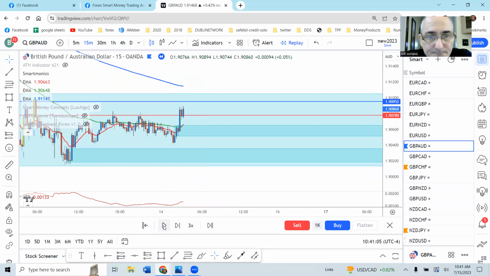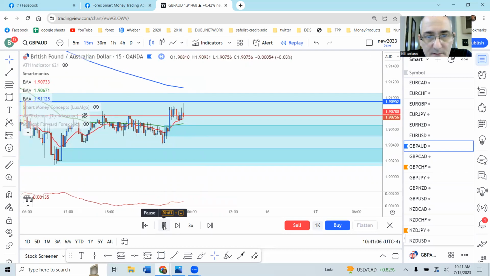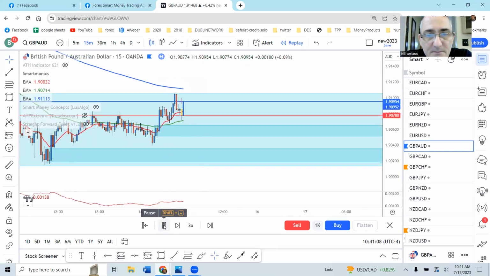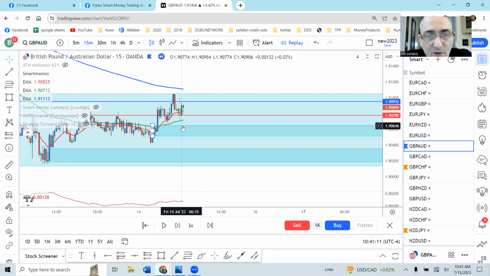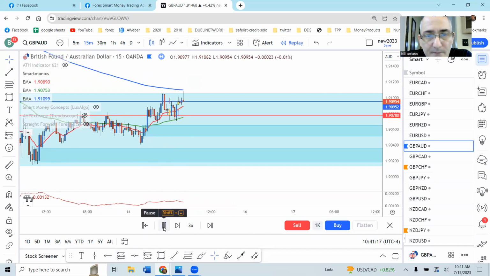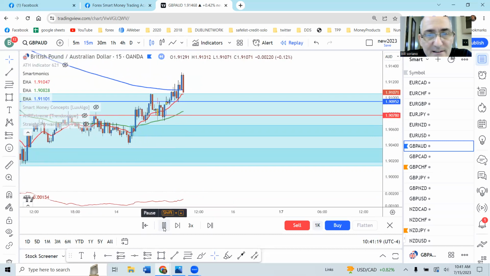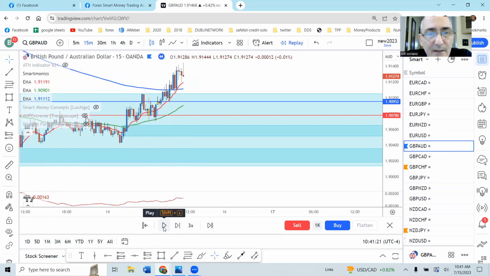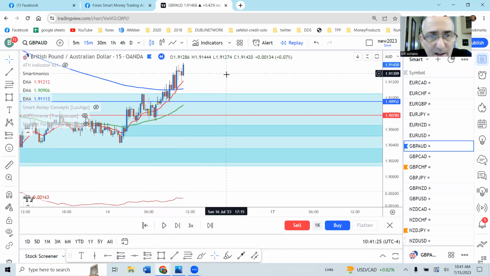So right now, let's see what happens. At this point here, price has not hit either of these areas, right? Okay, so price still hasn't hit either of those areas. And what happens now? Now you get another break of structure to the upside, right?